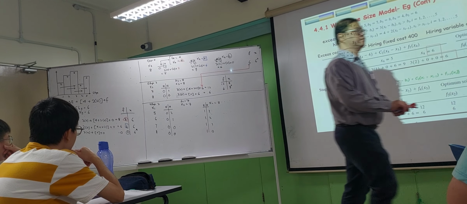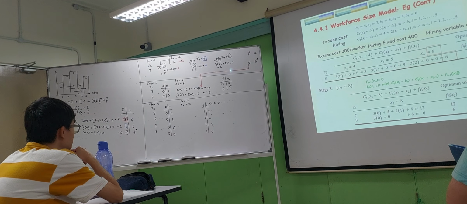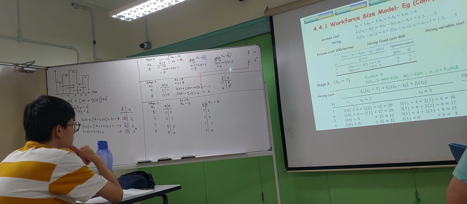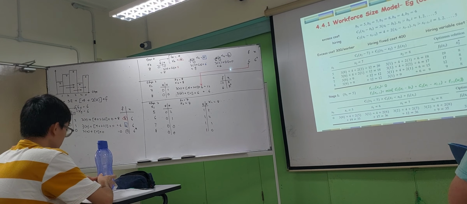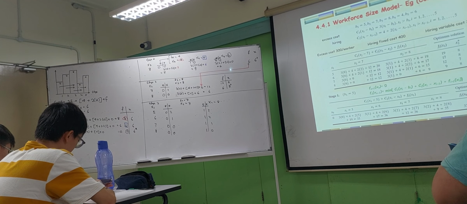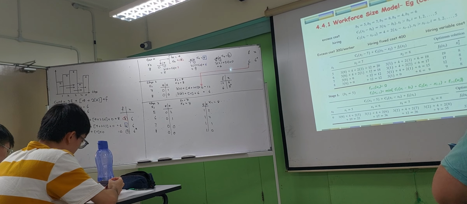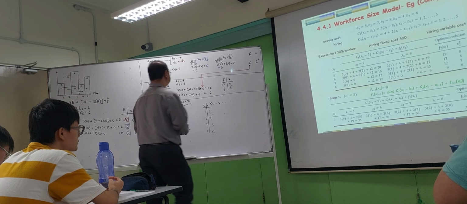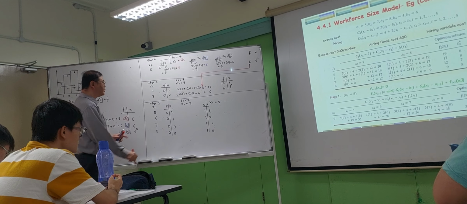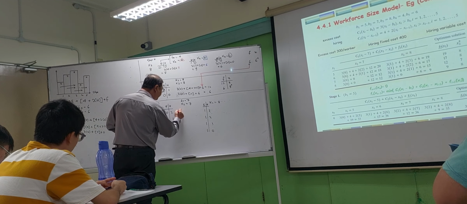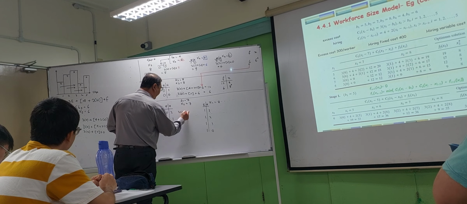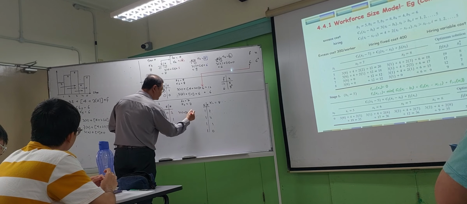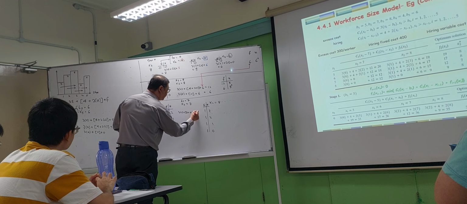Okay, so now we substitute in the formula. 3e plus 4 extra plus 2 hire, plus f.